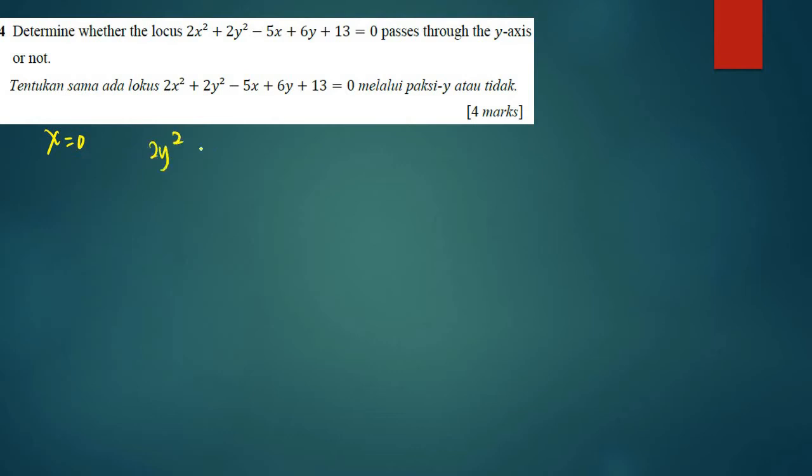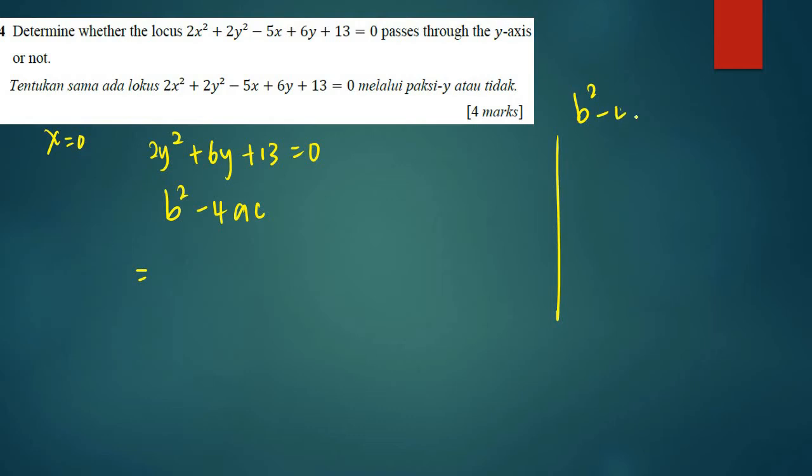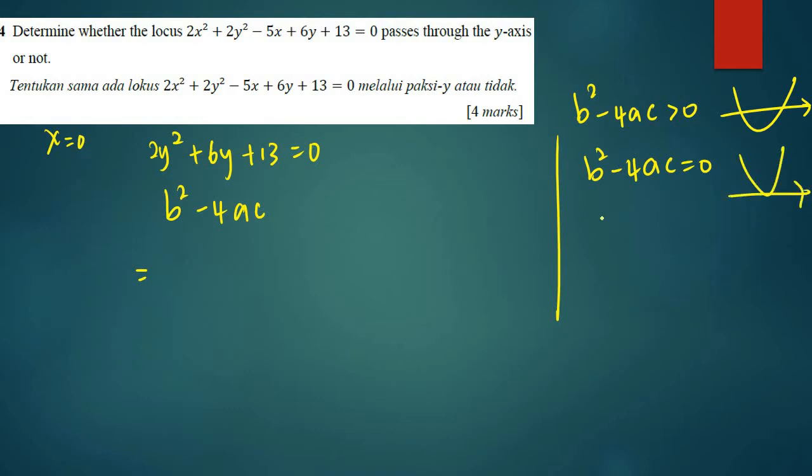So we will get 2y squared plus 6y plus 13. To determine whether it passes through the y-axis, we can use b power 2 minus 4ac. When b power 2 minus 4ac is greater than 0, it passes through the axis. When b power 2 minus 4ac equals 0, it just touches at one point.